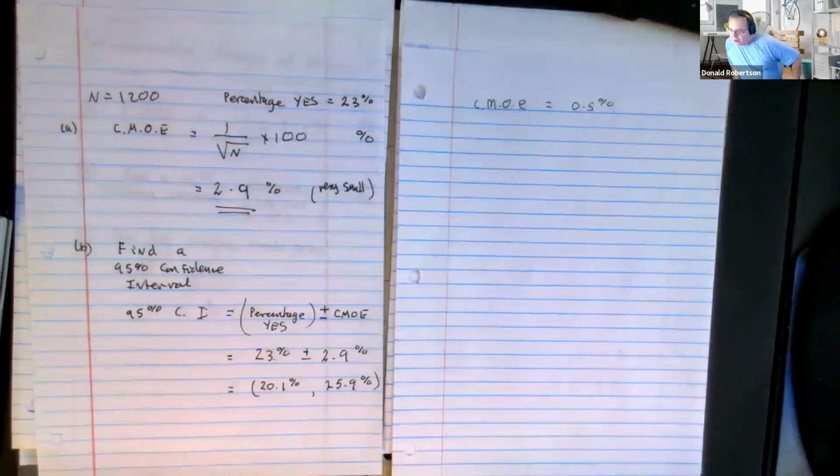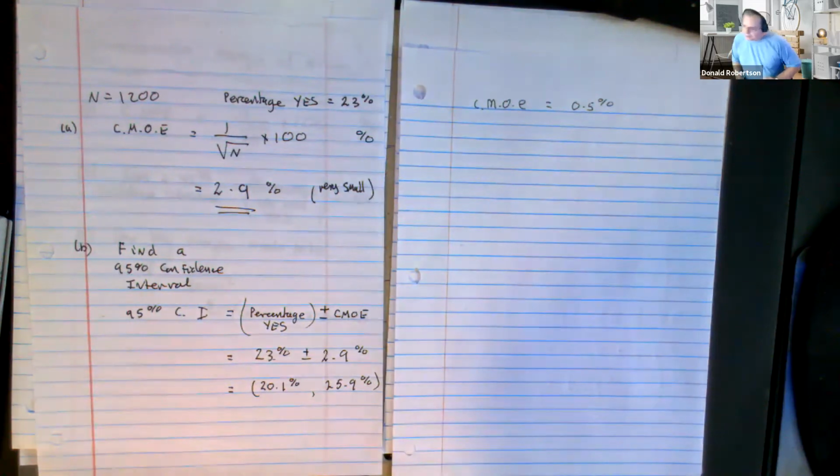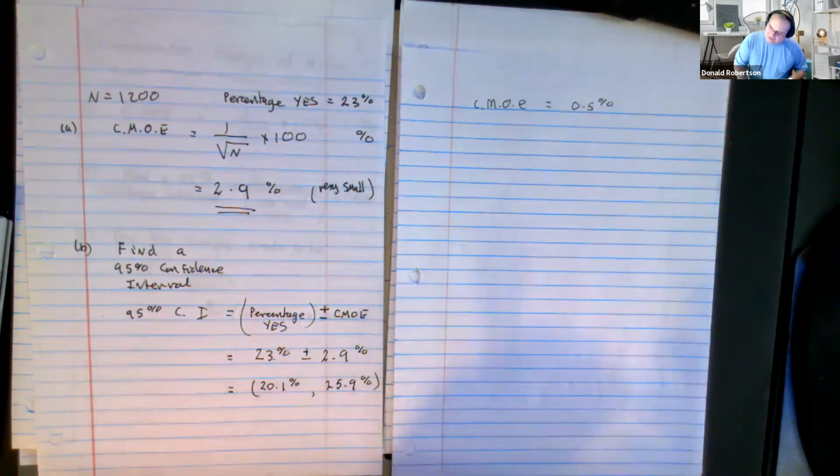So when I'm finished, whatever it is, plus or minus 0.5%, would you agree that's going to be a really tight interval? I should be really comfortable about my answer being accurate, right? But how many people do you need to ask to get that confidence interval? You see, it's kind of not so obvious.